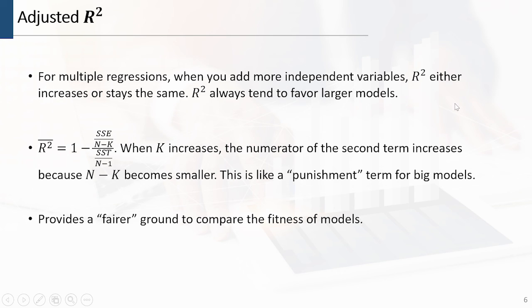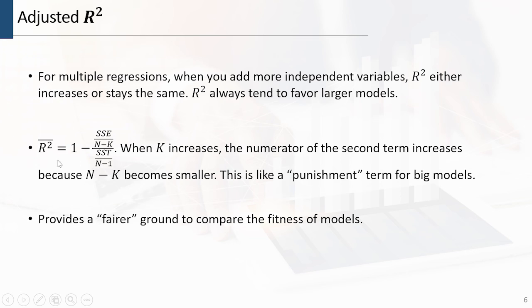larger models always appear to be better. In this case, it is probably useful to get a measure which is fairer to small models, a measure that can provide a fairer ground for comparing the fitness of big and small models. And adjusted R-square is just something like this. Again, it's defined by this equation. You don't need to remember the exact specification of the equation.